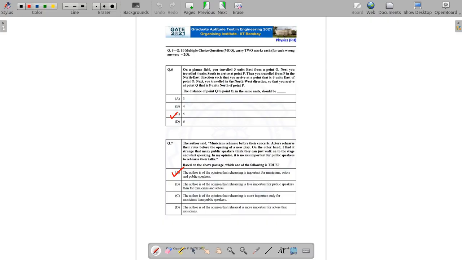On a planar field, you travel 3 units east from a point O. Okay, so I think you need directions. So if you have north, south, this direction. Okay, so this one is your west, a little from east to west. Okay, I'm a little confused. Let me check my compass.